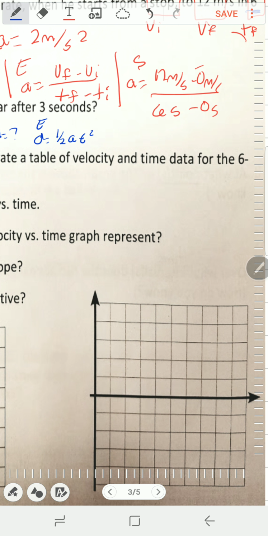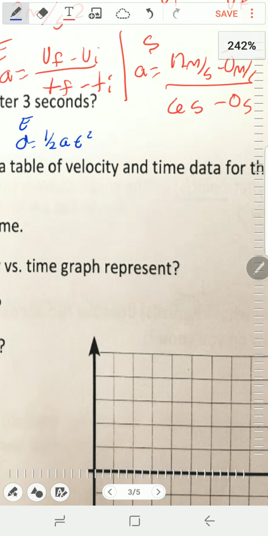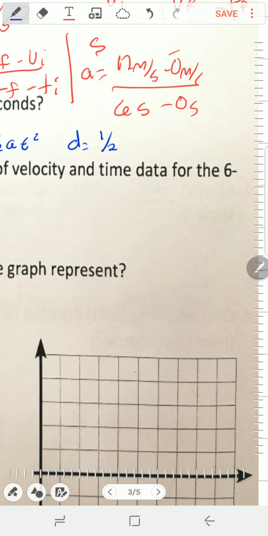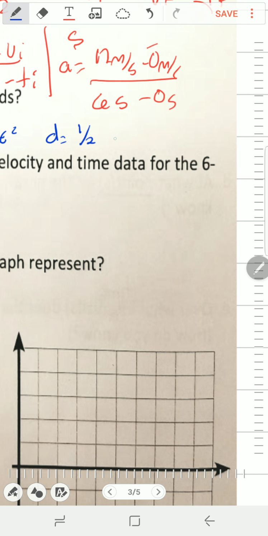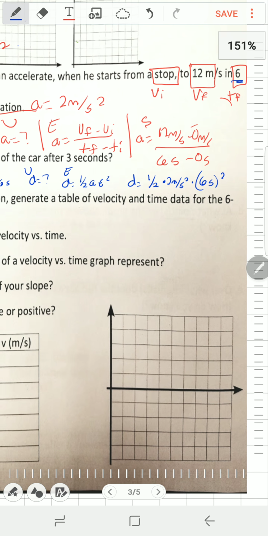I'm going to plug it in. So it's going to be D equals 1/2 times 2 meters per second squared times, and here's the key, you need to understand this, 6 seconds. All of that is squared. All of that is squared.